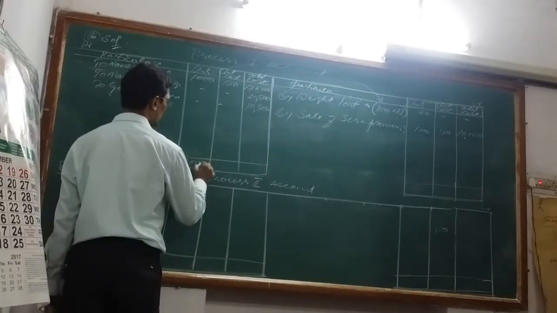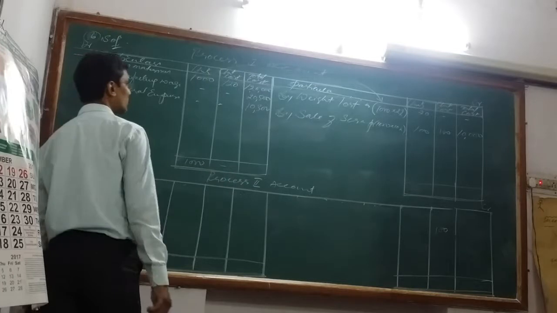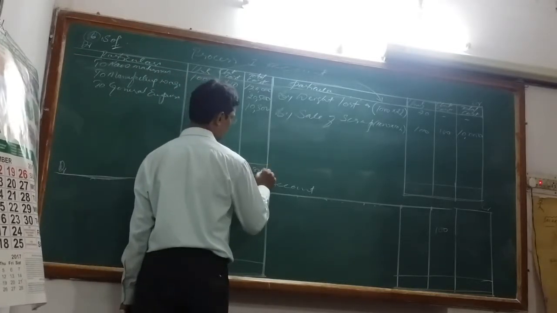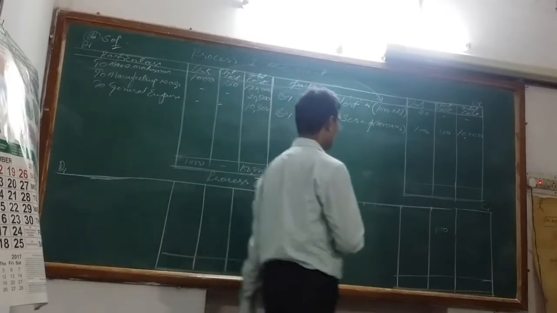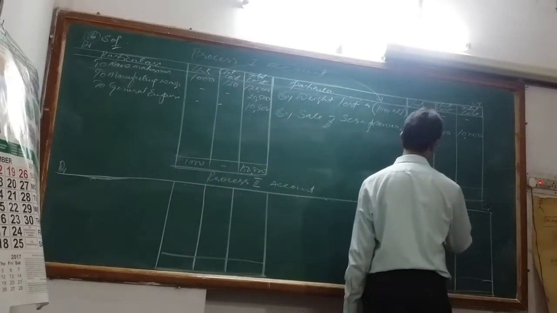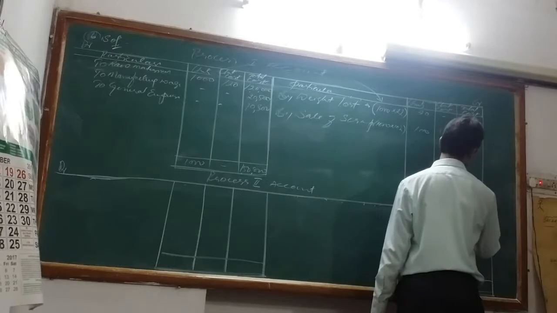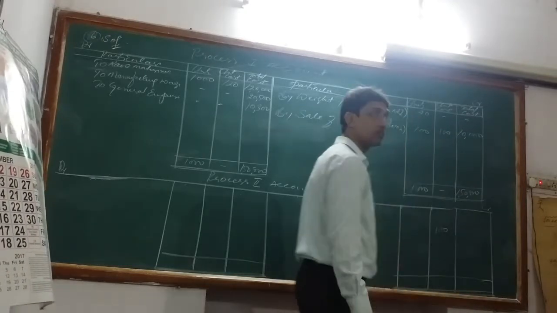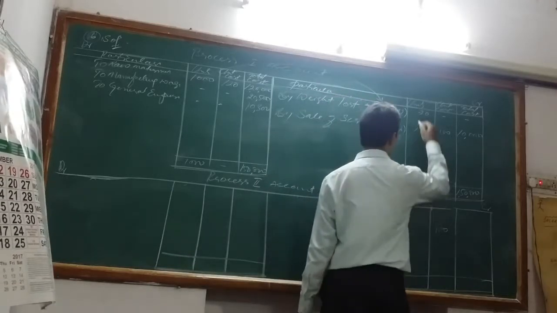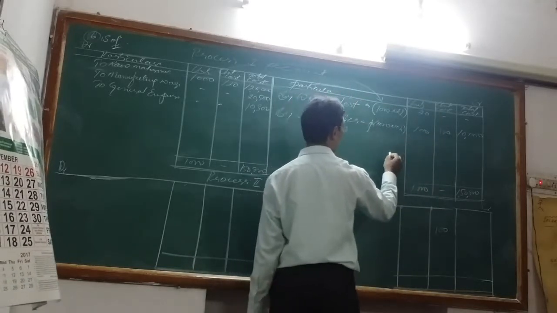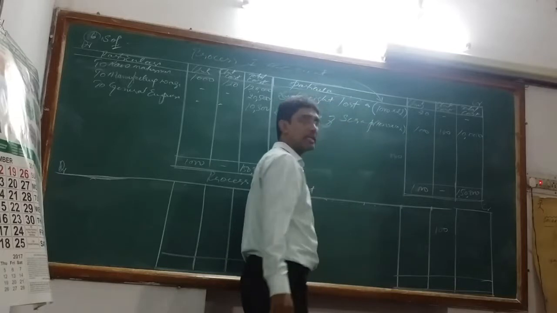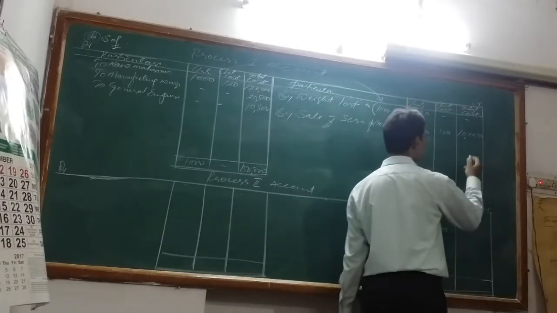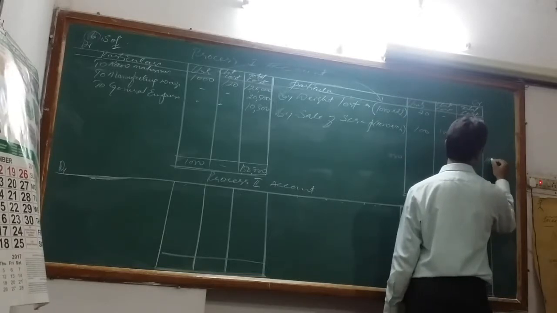How? 1,50,800. 1,000 minus this is 880. Yes. 1,50,800 minus 10,000 is 40,000.